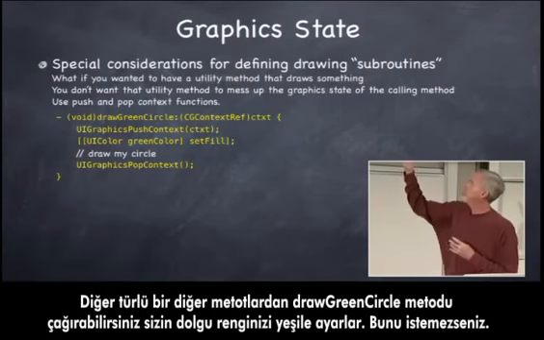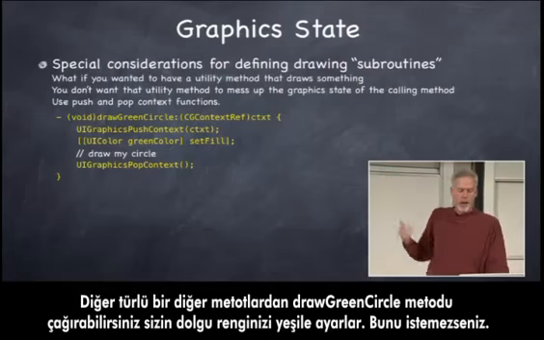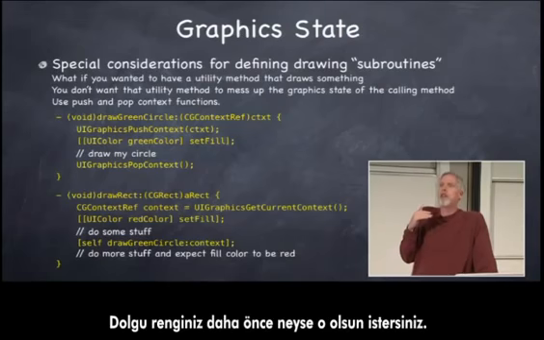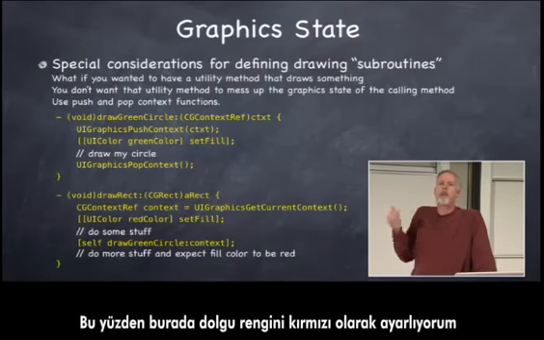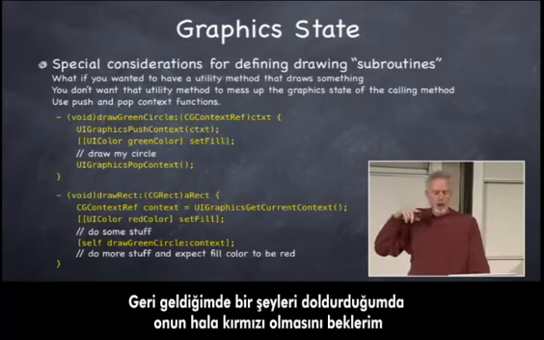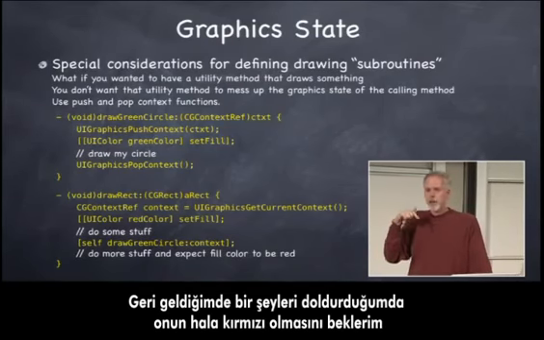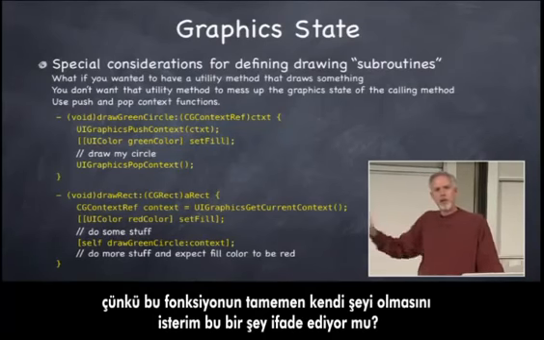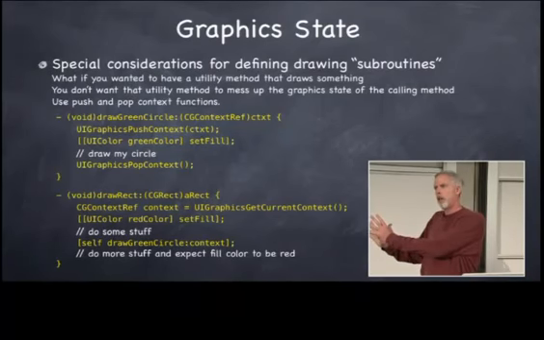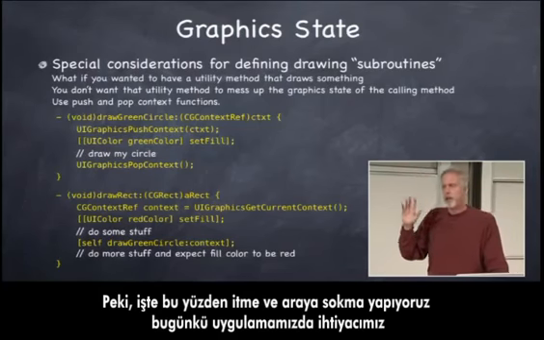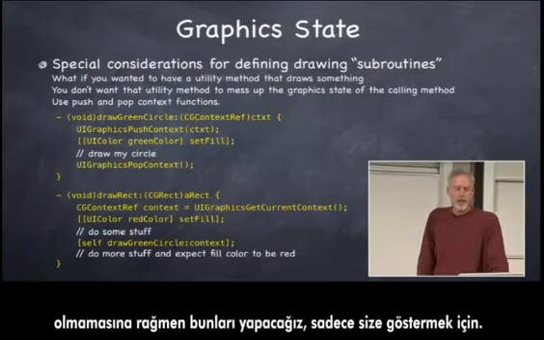Otherwise, you might call a draw green circle method from some other method, and it's going to set your fill color to green. And when you come back, now your fill color is green. You don't want that. You want your fill color to be whatever it was before. So here, I set my fill color to red. Then I called this draw green circle. When I come back and I fill stuff, I expect it to still be red because I want that function to be totally its own thing. Does that make sense? So that's why we do this pushing and popping. And we're going to do that today too. Even though in our example we don't need to push and pop, we're going to do it anyway, just to show you.